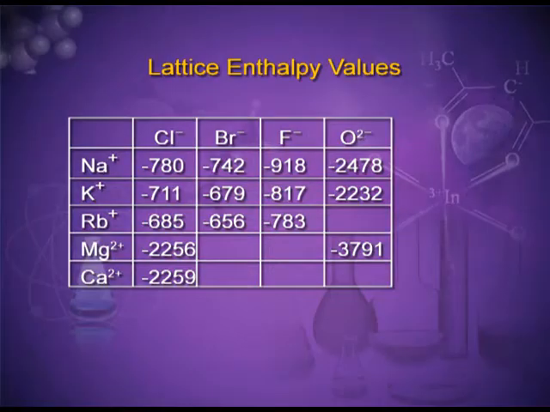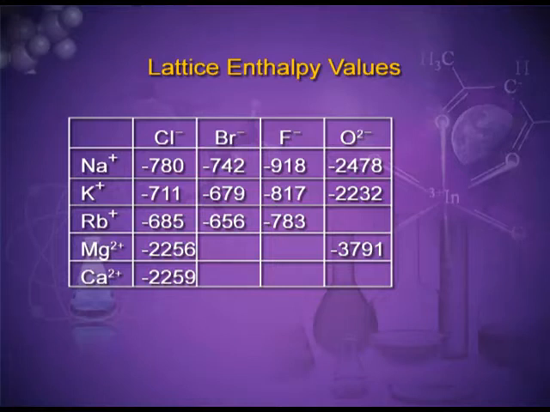Lattice dissociation enthalpy is an endothermic process because we have to give large amount of energy to break the bond between oppositely charged ions. The strength of the bond depends upon the charge density. Smaller is the ion, higher is the charge density, then stronger is the bond and higher is the lattice enthalpy.